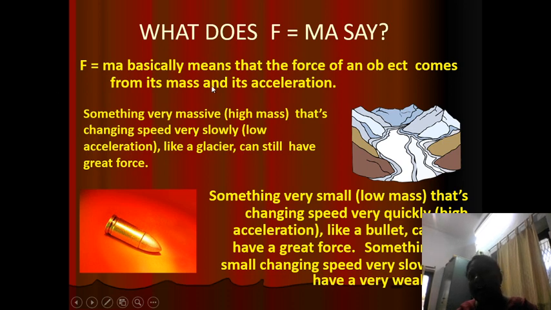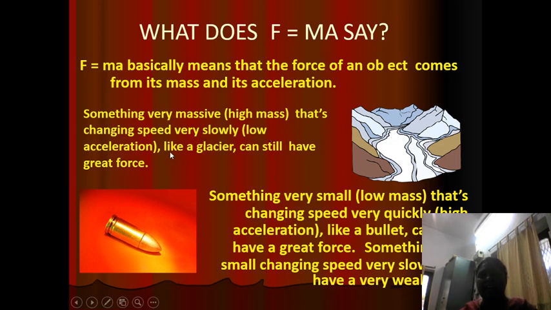How can we show this with real life examples? Everybody has seen a glacier. A glacier is very large, having high mass. Because of its high mass, the inertia will be more, because of which its speed will be very slow. That means it has low acceleration.